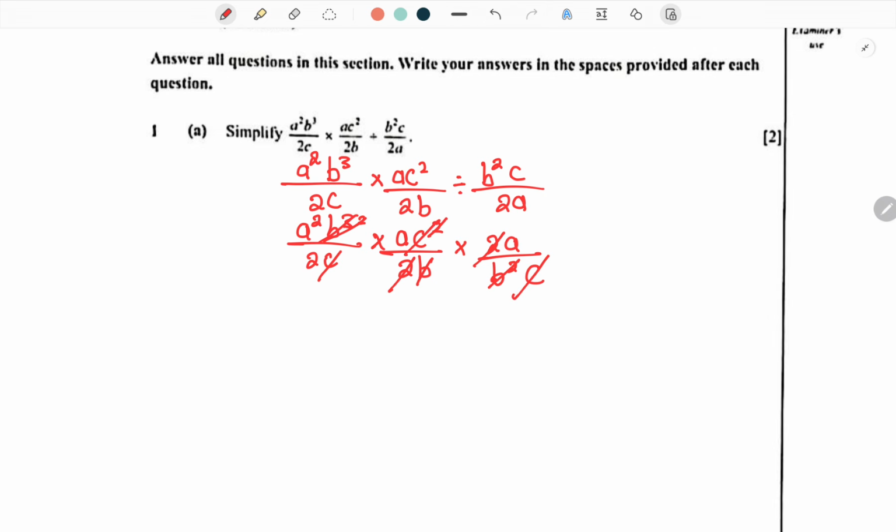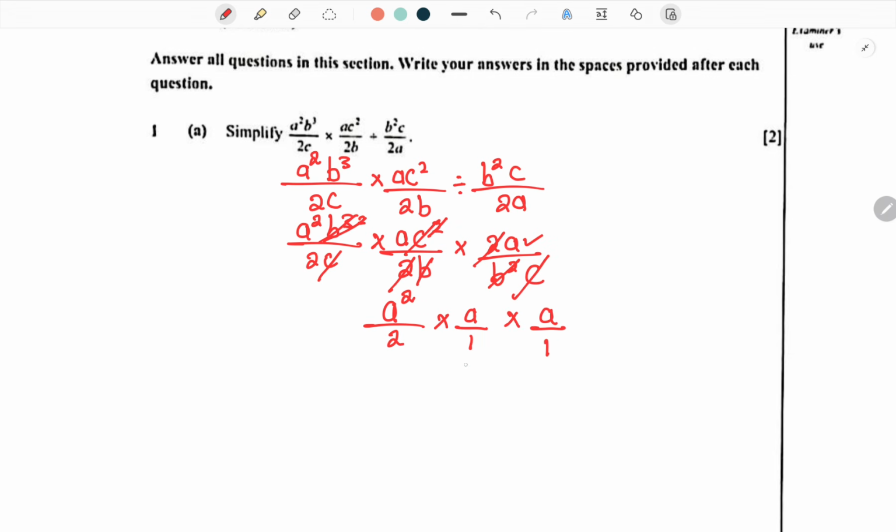We are going to have a to the power 2 over 2 multiplied by a over 1, then this is also going to multiply a over 1.